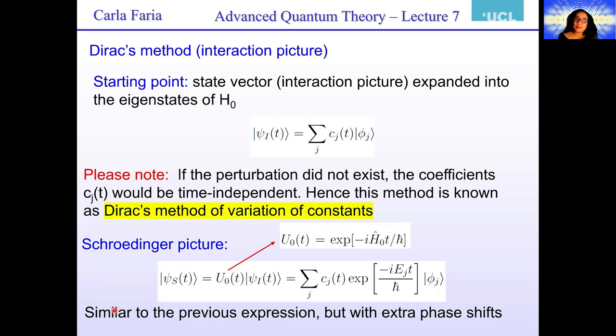And it's similar to the previous expression, just has some extra phase shifts, so we're not adding too much to the dynamics, and once more shows you that the interaction picture in many cases is advantageous.